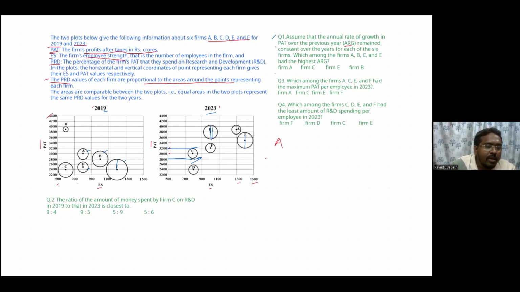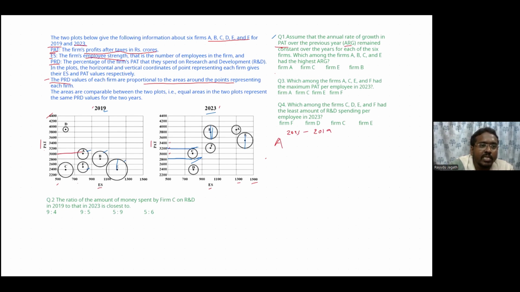PAT value, PAT for A will be on horizontal. If we observe on horizontal axis, it is 3000. We have to consider 2023 data to 2019 data. So 2023 film A is having how much?